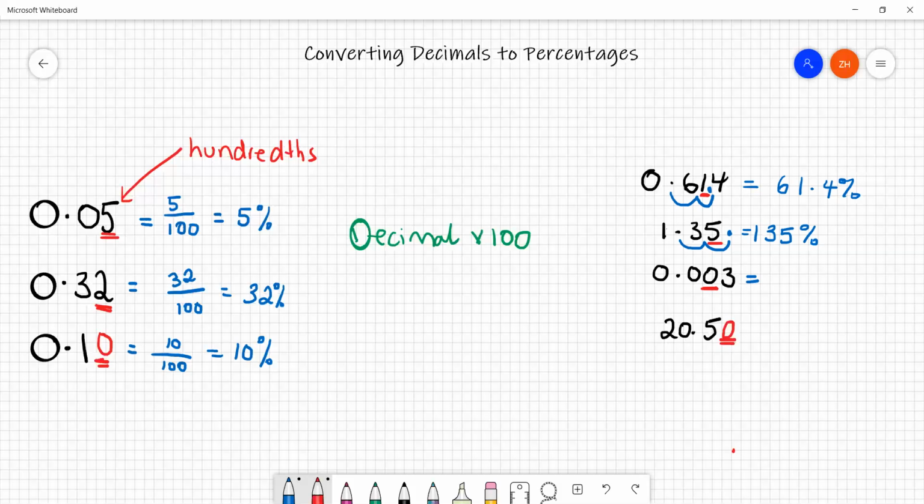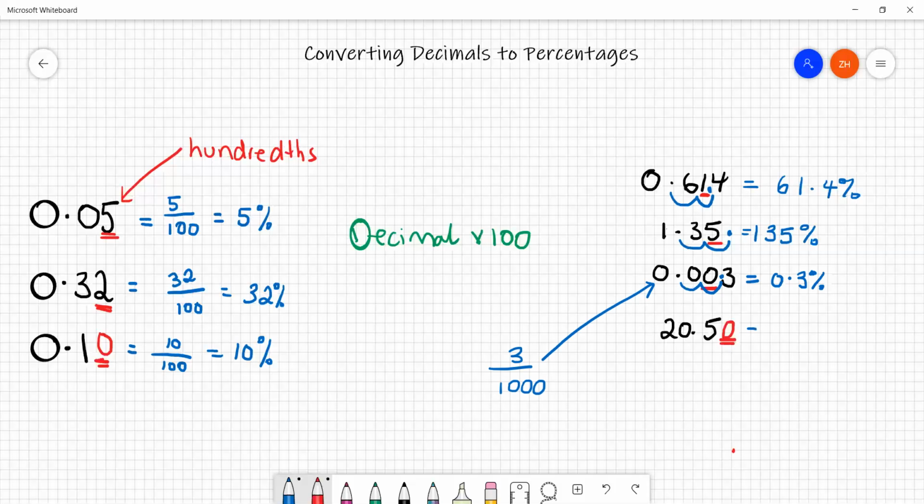With this next one, we're going to move the decimal point 2 places to the right as before, 1, 2, and it's going to end up here. So we'll end up with 0.3%. So that's less than 1%. The 3 was in the thousandths place, so 3 thousandths is the same as 0.3%.